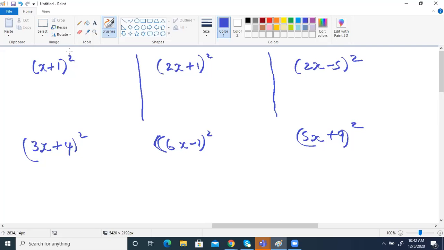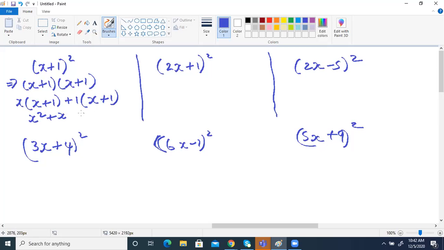So then you have x plus 1, times x plus 1, all squared. So this means this. So it becomes x squared plus x plus x plus 1, which is x squared plus 2x plus 1.